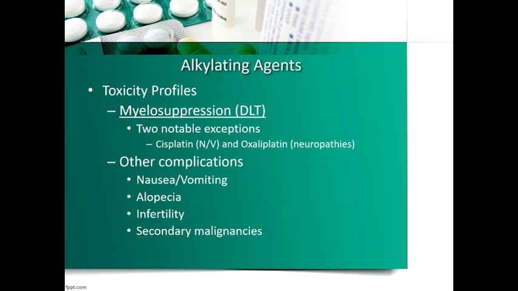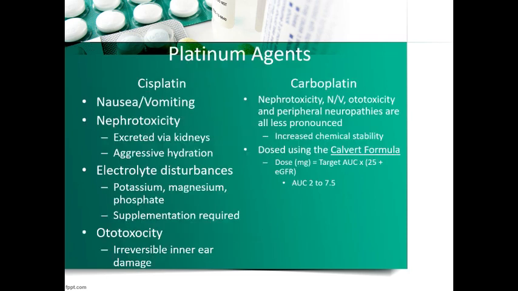So cisplatin is nausea, vomiting, and oxaliplatin tends to be neuropathies, but everything else for the most part is myelosuppression. Other complications we may see with this, other than the nausea, vomiting, and the myelosuppression, are alopecia, infertility, and then since we're damaging cells indiscriminately, this is leading to more mutations and potentially more malignancies down the road.